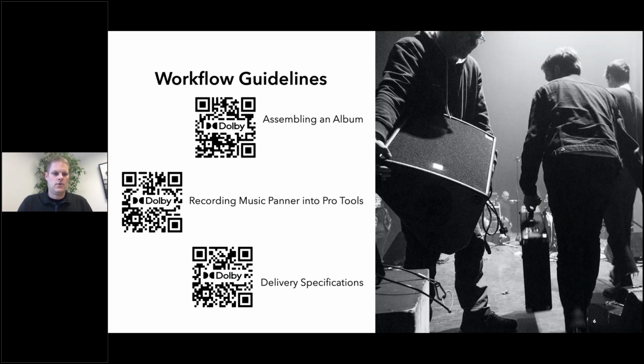So in week one, we talked about some of these extra guidelines that are available here. One of the key ones is assembling an album. So in the stereo realm, you're going to be sending your songs, individual tracks across to a mastering engineer.